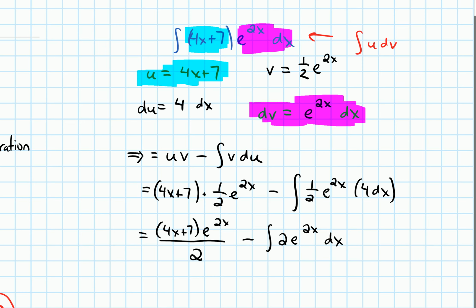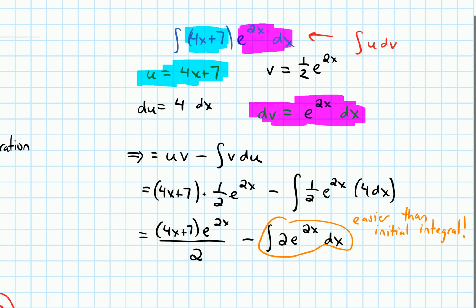And notice that this new integral that I ended up with, 2 e to the 2x, is easier to do than the one I had initially. And that's one of the big things that we hope for when we use integration by parts.